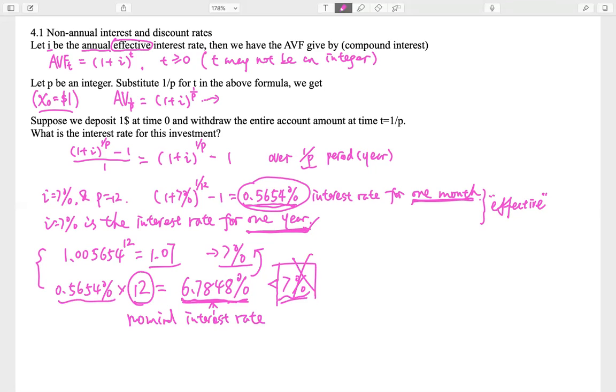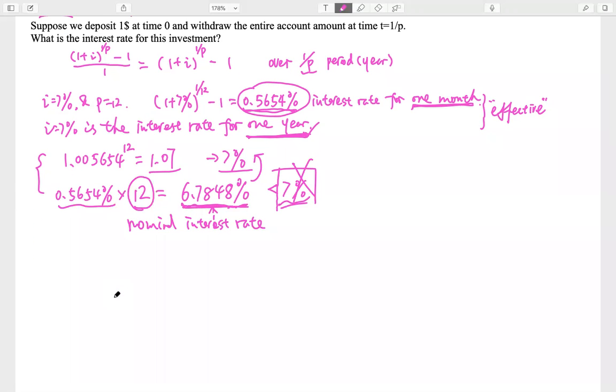Example 4.1, determine the biannual effective interest rate that corresponds to an annual effective rate of 8%. That's relatively easy. The only term is that the textbook also mentioned biannual. So this means twice a year.